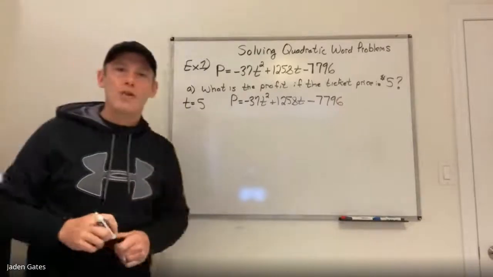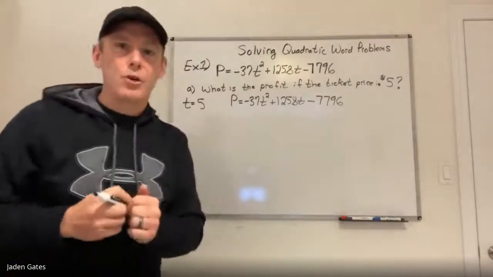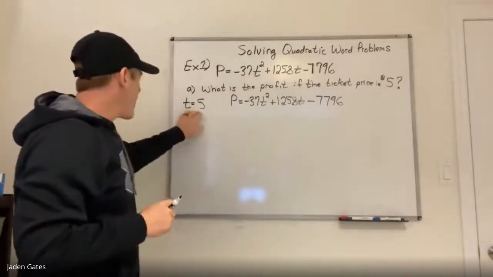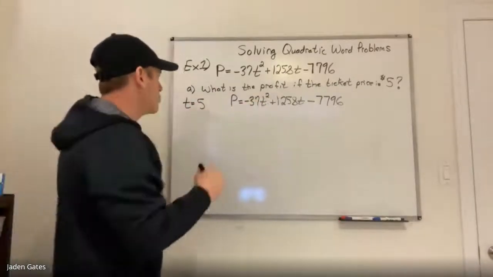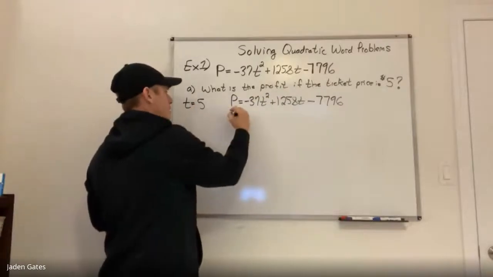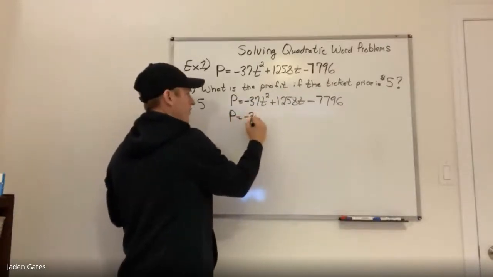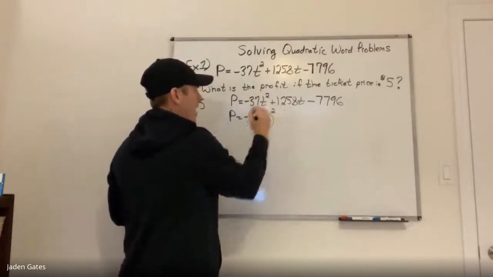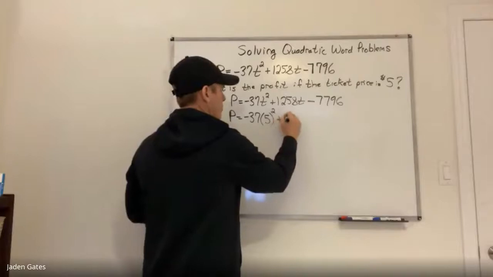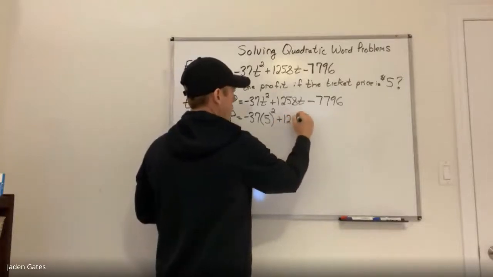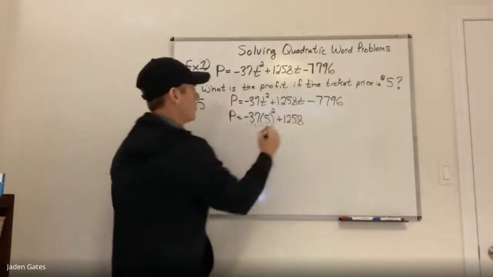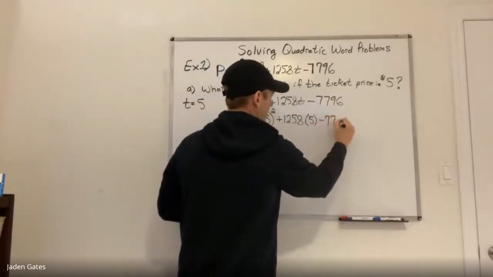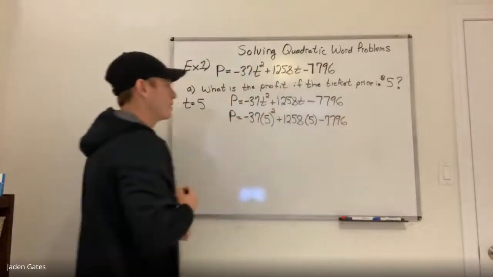So now, again, when you're solving, you have to substitute in the known values and then solve for the other. We have the t, so I'm going to substitute in a 5 for t. So I have my profit is equal to negative 37. Instead of t squared, I'm going to have a 5 squared. And then I have plus 1,258 times t, which again, the t is 5, minus 7,796.